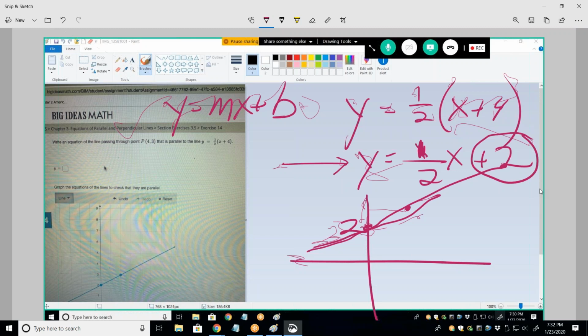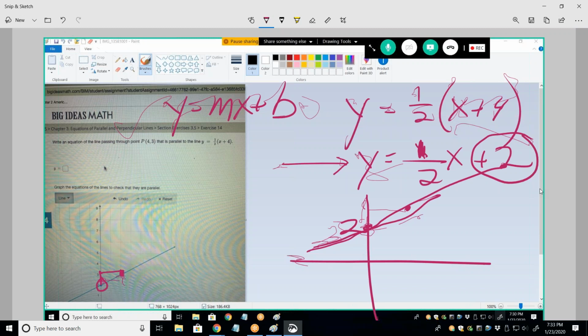And you can see from their graph that it's exactly the same thing. They started at 2, and they went up 1 and over 2 to get a second point. And once you get a second point, 2 points define a straight line. That's all you ever need, just 2 points. So, that's part of the problem.